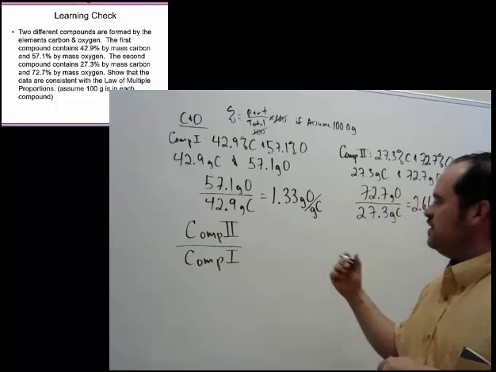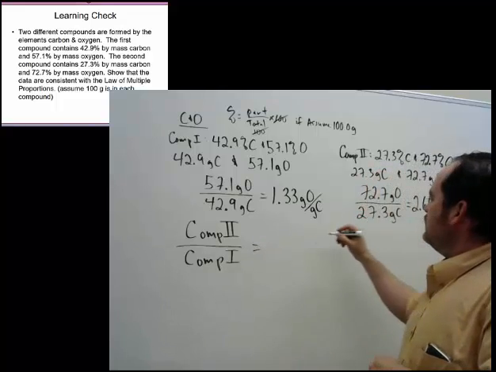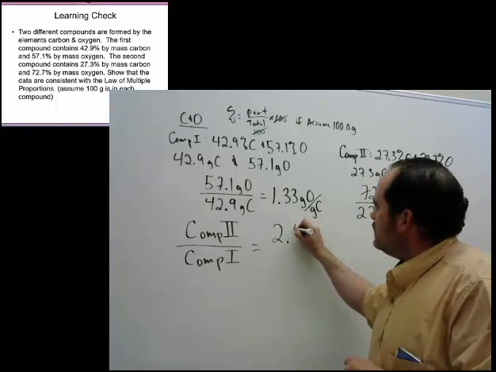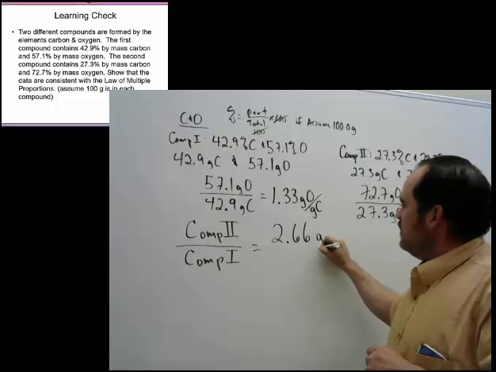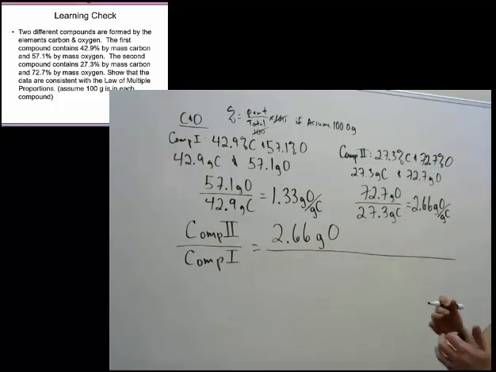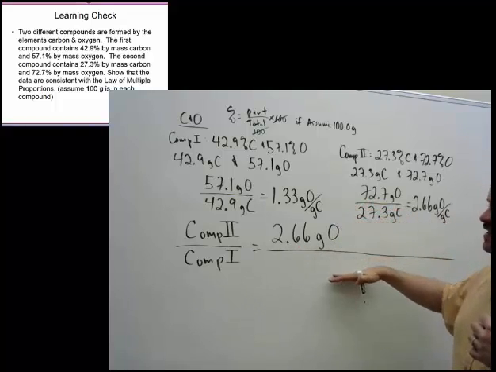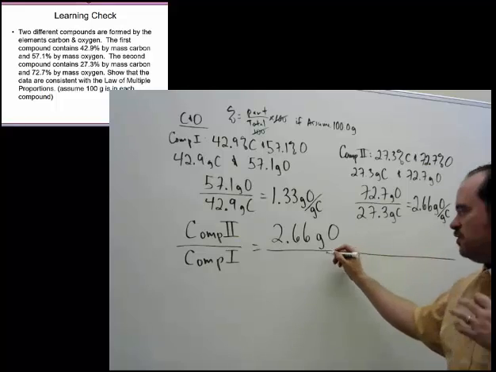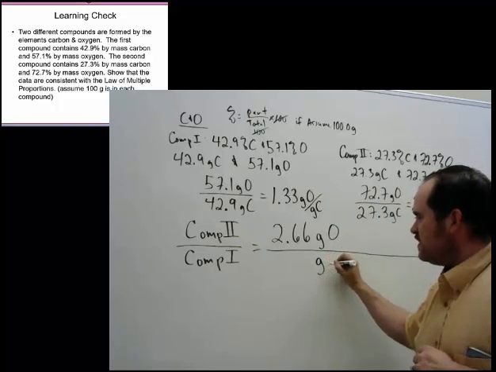So what I have, compound 2, which is 2.66 grams of oxygen, and I'm going to stretch it out this way. I always do it for this type of problem. It's a ratio, a division, this over this. I'm doing it for a reason, so bear with me and let's check out these units.